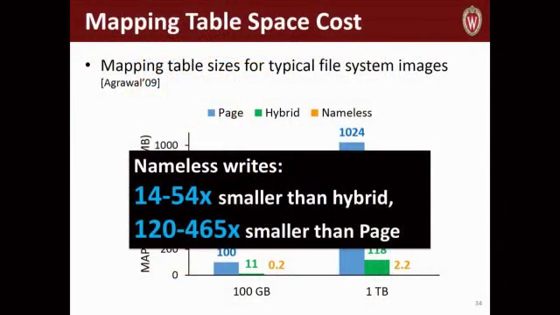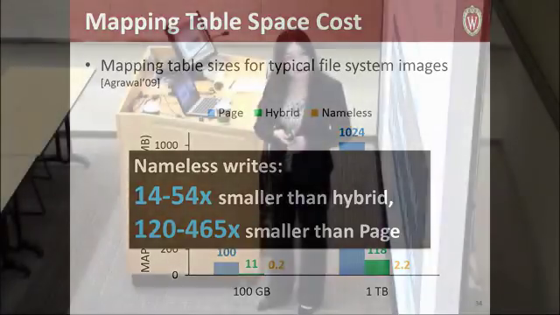In fact, we find that Nameless Writes uses 14 to 54 times smaller mapping table than the hybrid mapping, which models the real SSDs, and 120 to 465 times smaller than page FTL, which is a performance upper bound.